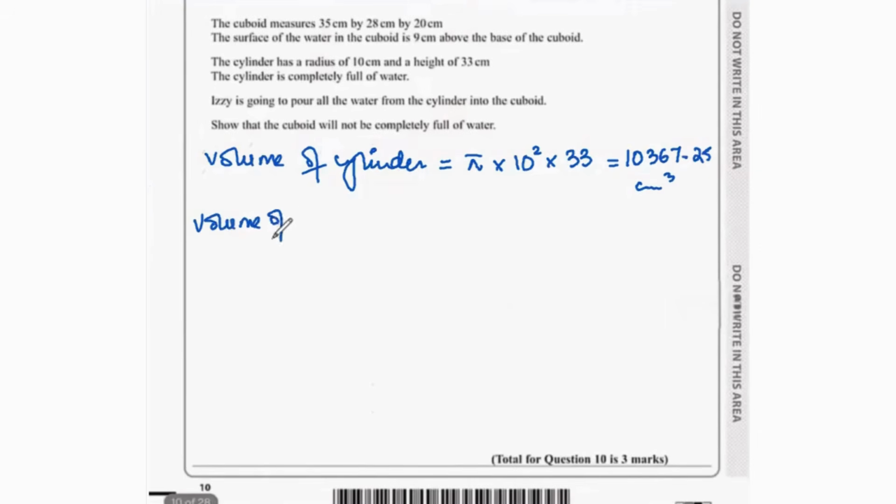Volume of cylinder is going to be pi times r square times h, which gives us 10,367.25 centimeter cube. Then volume of cuboid, that's going to be 35 times 28 times 20.